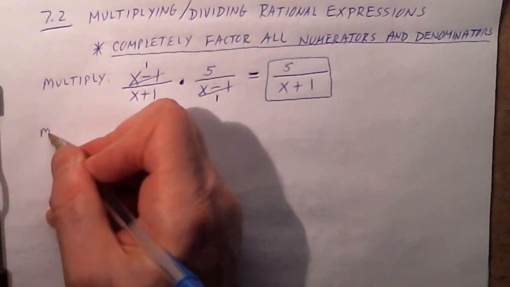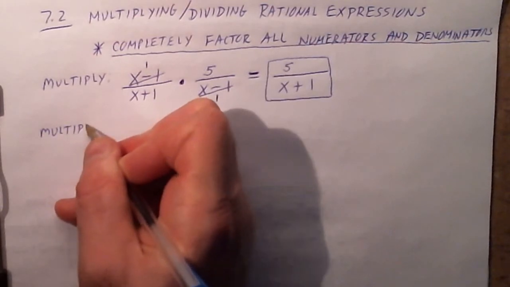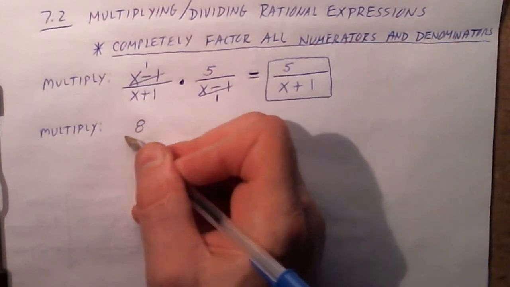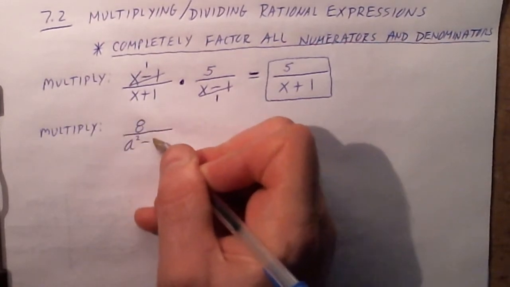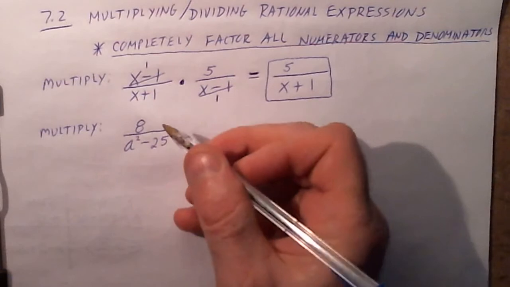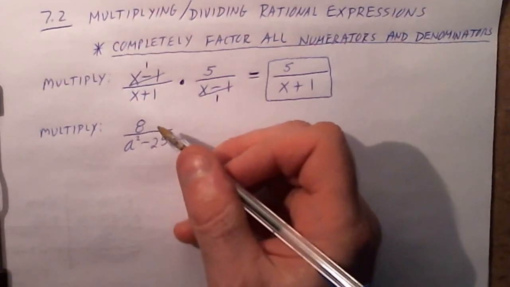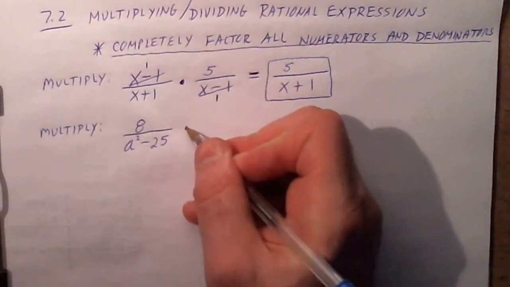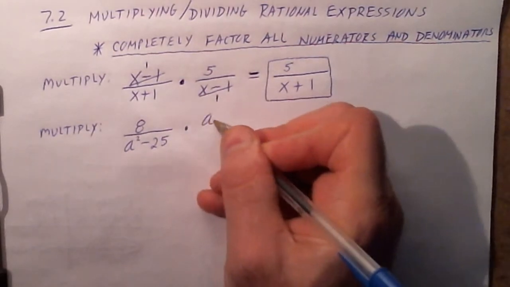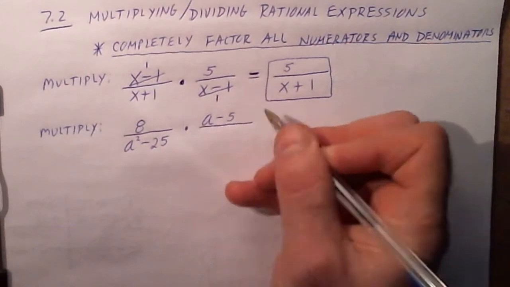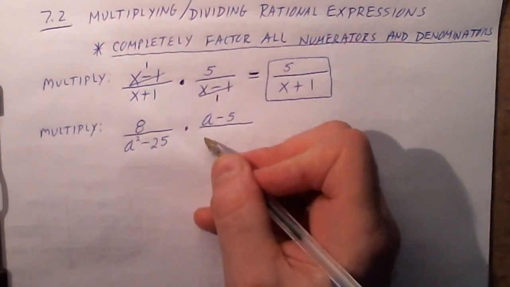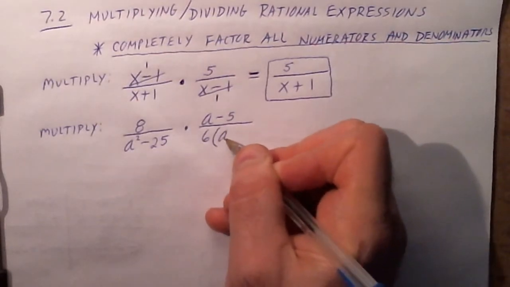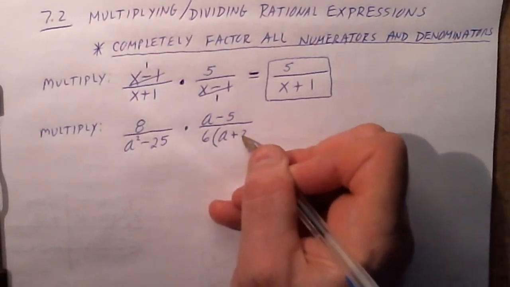All right, let's try another one here. All right, so we'll take 8 over a squared minus 25, and we're going to try to multiply this by a minus 5 over 6 times a plus 2.